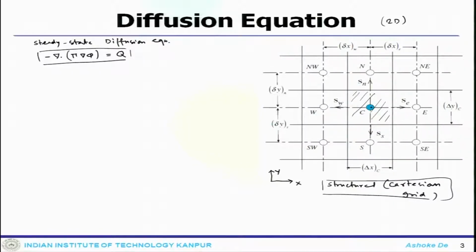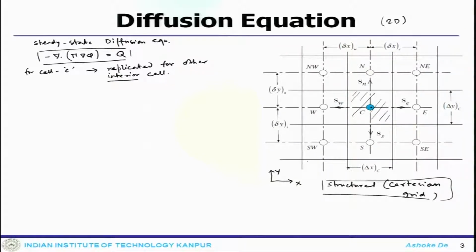Once we have an algebraic system ready for cell C, it can be replicated for other interior cells. While saying that, one has to note very carefully, we are only talking about interior cells, because why?